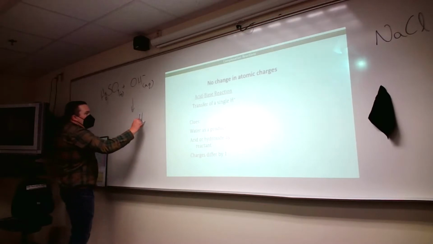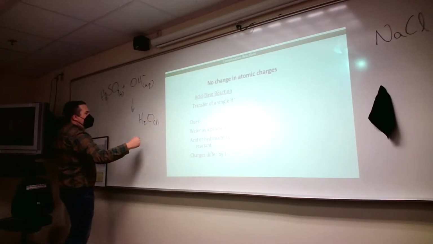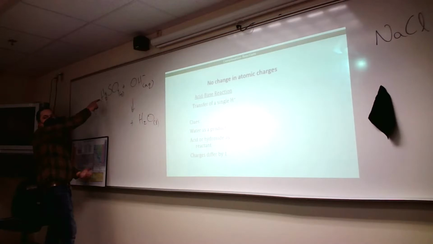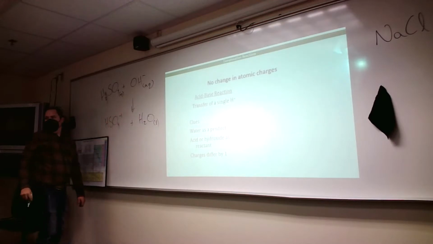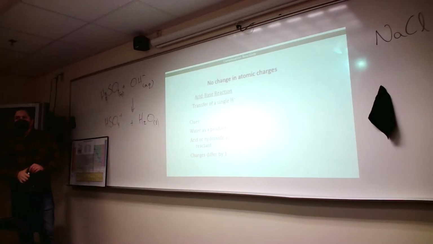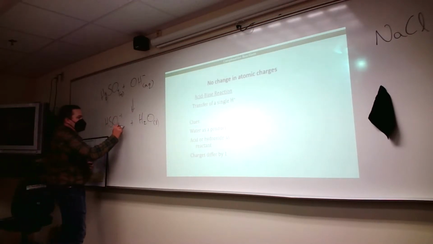So we're going to make H2O, and we just took one H plus away over here, so now it's hydrogen sulfate. Nothing really changed identities. It's a sulfate there, it's a sulfate there. It's just missing one H plus. So for ions, we would put the phase. So this would be aqueous.